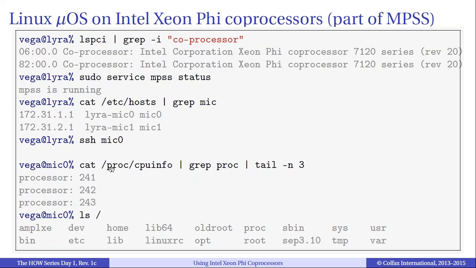It also has proc, where I can query my CPU information. And what I see is that my CPU identifies itself as a processor with 244 logical processors. What is 244? Xeon Phi has 61 cores. Each core has 4 hardware threads. So 61 times 4 is 244.